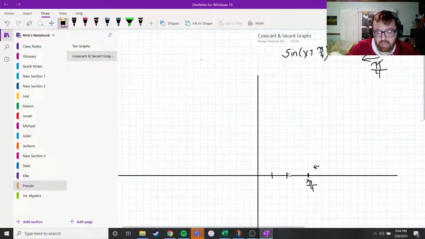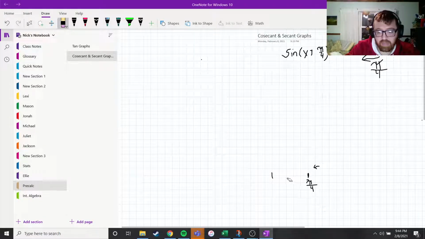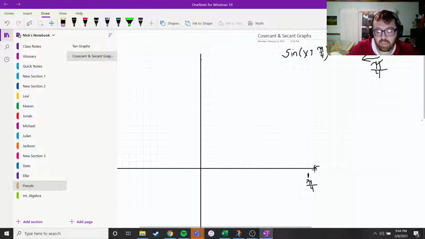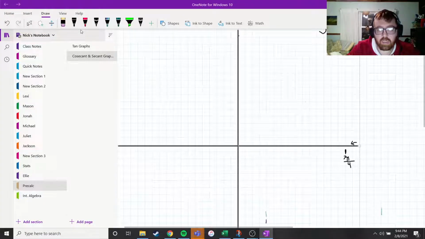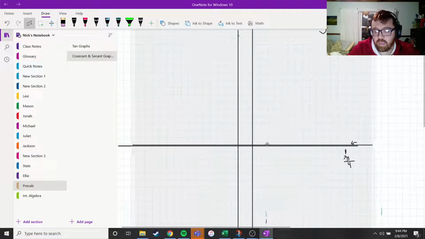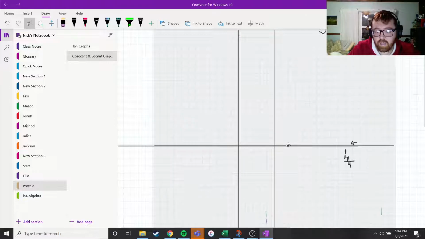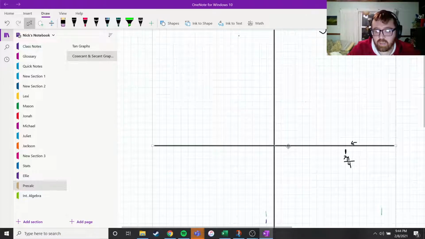Alright. And what does that mean about our starting point? Well, it means our starting point just disappeared. Let me shift that over. Alright, so we got pi over 2, pi, 3 pi over 2.